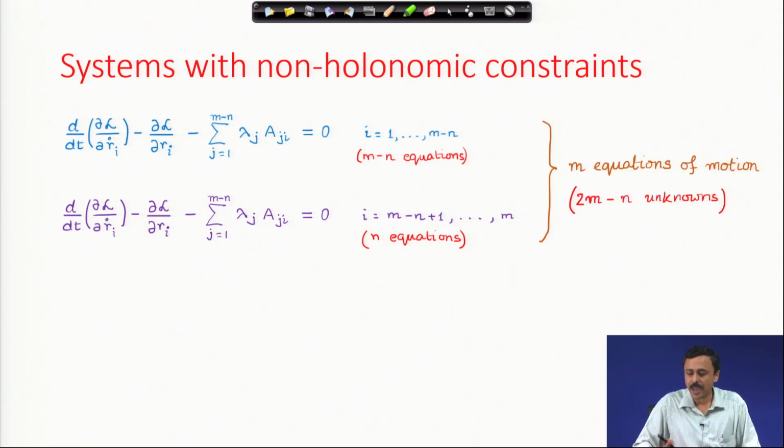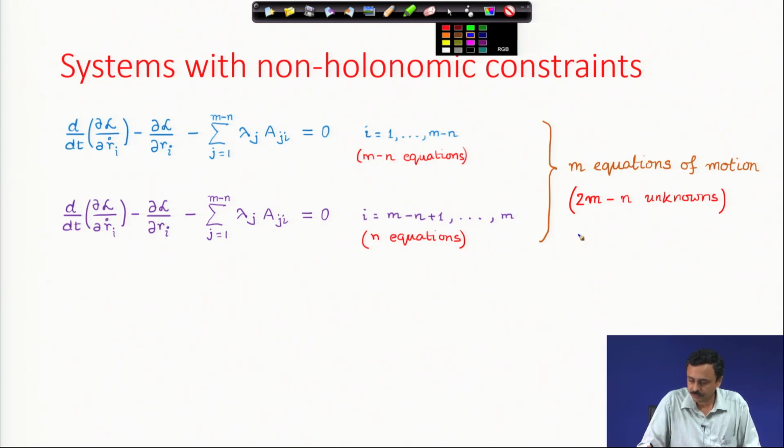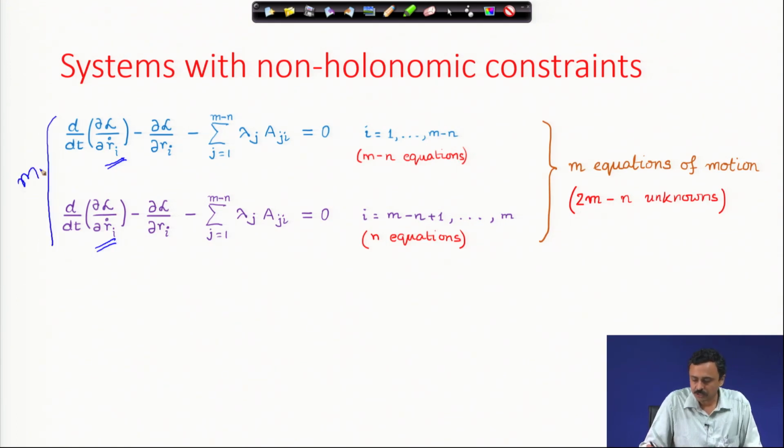Now, we have m equations of motion, but there are 2m minus n unknowns. Why 2m minus n unknowns? We have m coordinates, and for each individual coordinate we have one equation. Therefore, there are of course m equations. How many unknowns?